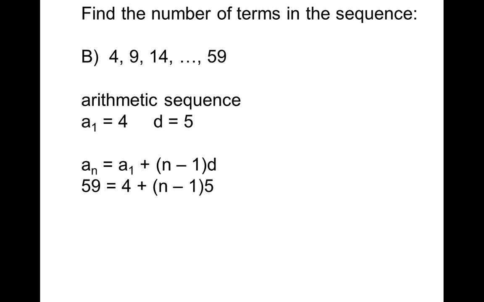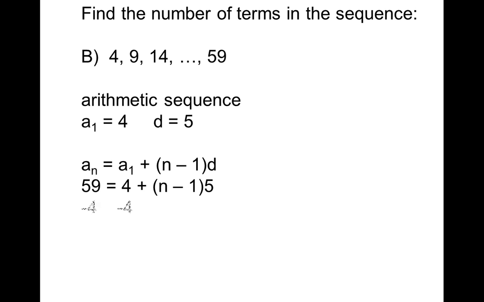So for this particular sequence, we know that the first term is 4, we know that the common difference is 5, and we know that 59, which is a number in the sequence which happens to be the last number, can take the place of a sub n, meaning a number in the sequence. So what we're trying to find is the position, the value of n, for the number 59.